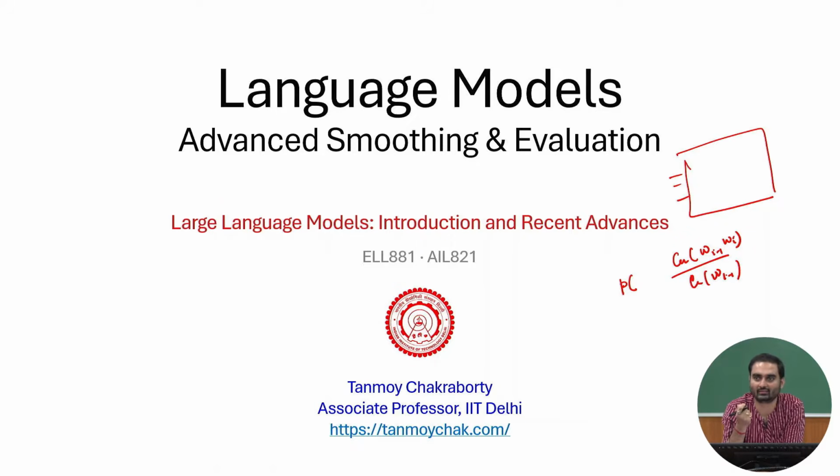What does it mean? Let's say the earlier count was 2, now the count is 3. Earlier count was 0, now the count is 1. It basically means that I have encountered that bigram one additional time than the count that I had earlier.